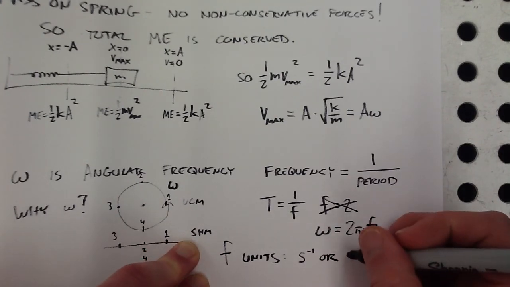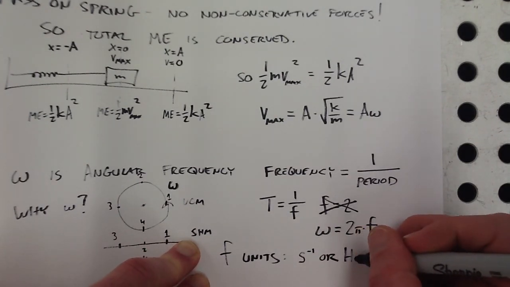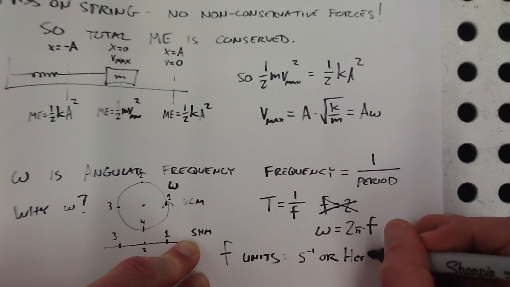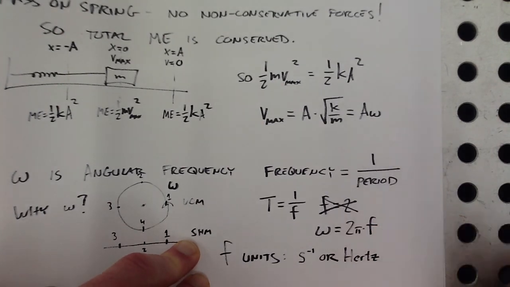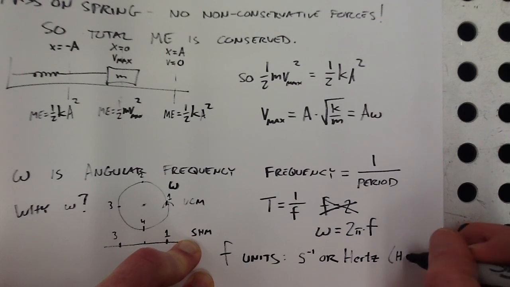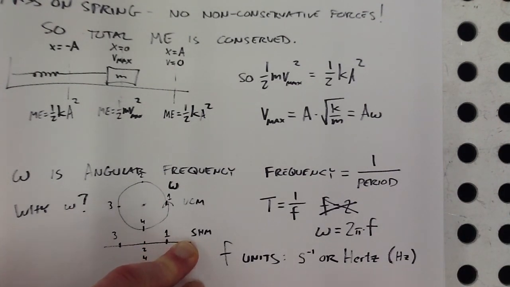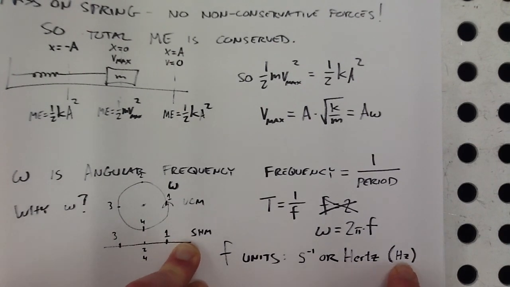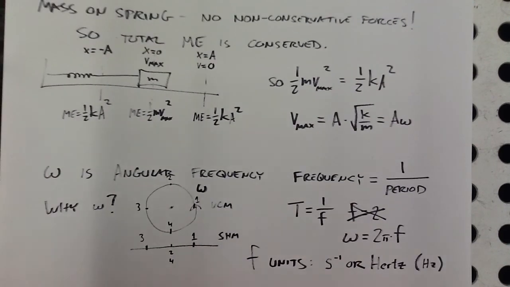You can use that for units, or you can use hertz, abbreviated HZ. That just means per second. That's what hertz is. So the frequency of our alternating current, when you plug something into the wall, for example, is 60 cycles per second, or 60 hertz.